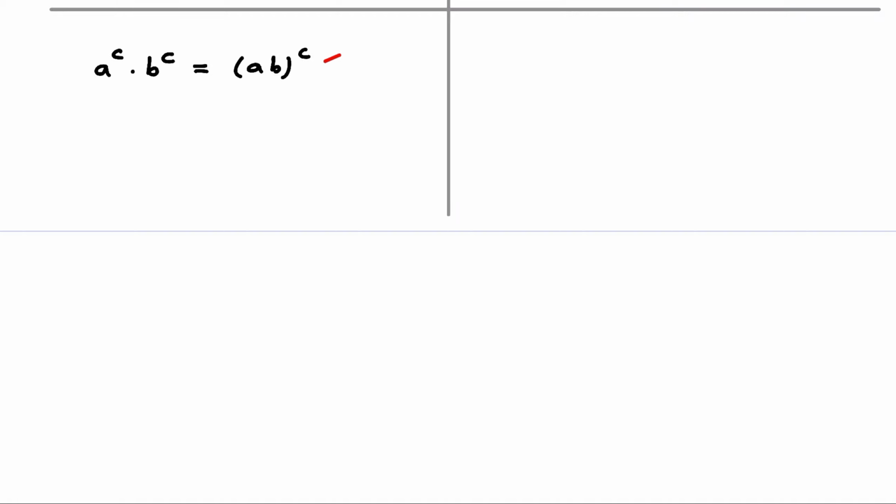Again, to be safe, let's assume that a and b are positive. It will be true on occasion if a or b are negative, but you could have problems in general. So something to say here as well is if I write this in radical notation, which is often how it turns up, so assuming these radicals exist, which they will here if I'm assuming a and b are positive, this is basically saying this.